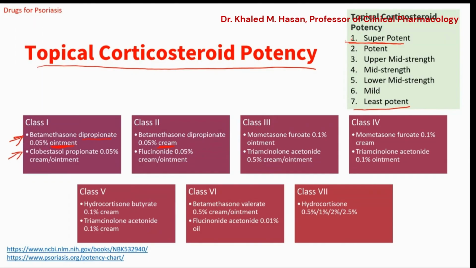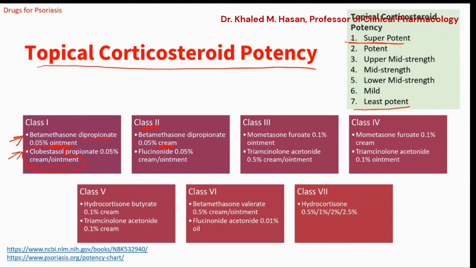Okay, clobetasol propionate ointment and cream. It's the only one that is not repeated, the only place here for clobetasol. So 2 medications are considered super potent: betamethasone dipropionate ointment, and then clobetasol. If you look at class number 2, we have betamethasone dipropionate, but that's the cream. So the ointment is more potent than the cream.